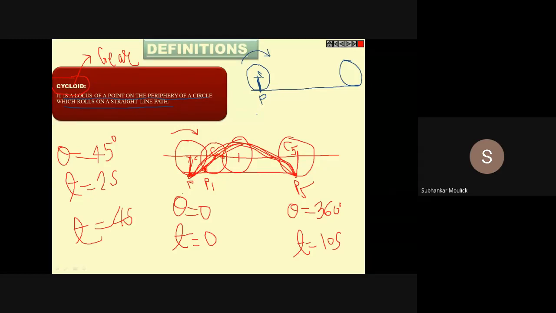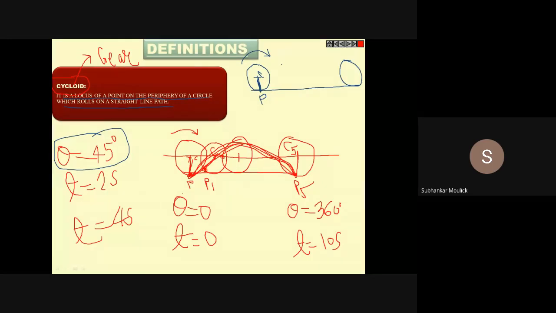Yes or no? Yes, sir. So assume that after some interval of time, this circle has rotated, say theta equal to 45 degrees. I am taking multiples of 45: 45 plus 45 is 90, plus 45, likewise.